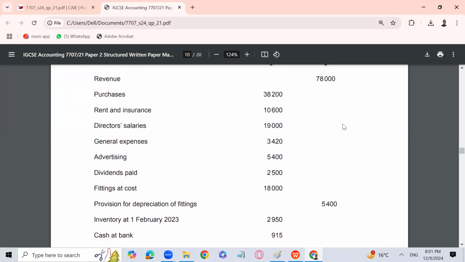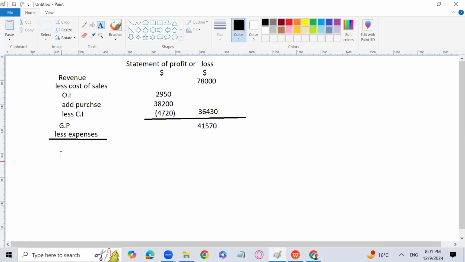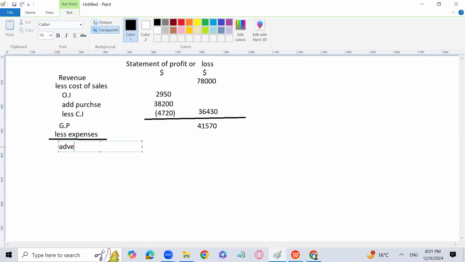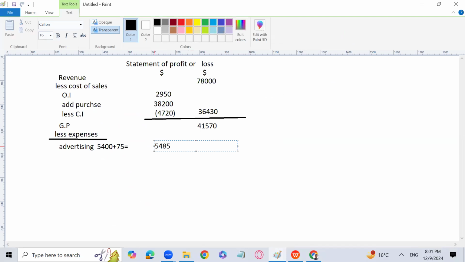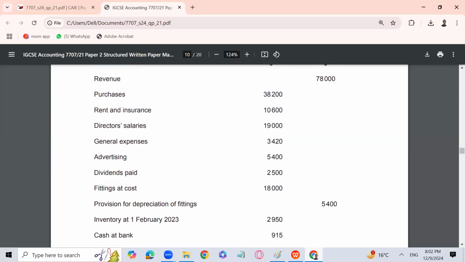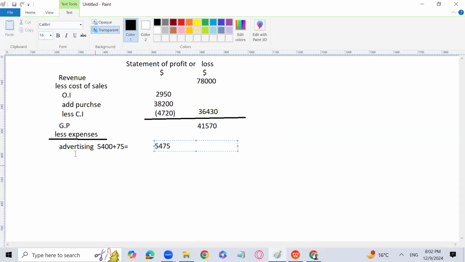Advertising expense is 5400, plus 75 which is outstanding, so the total is going to be 5475. It's quite easy. Next is rent and insurance, 10,600. That should also be written in expenses, 10,600.